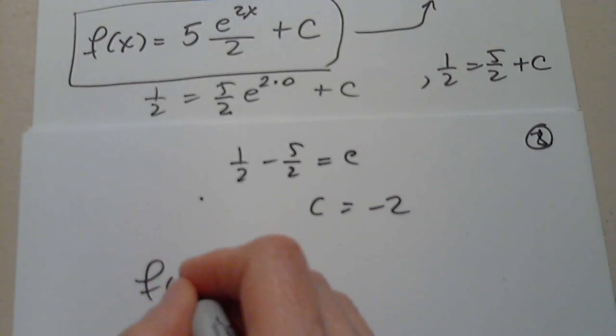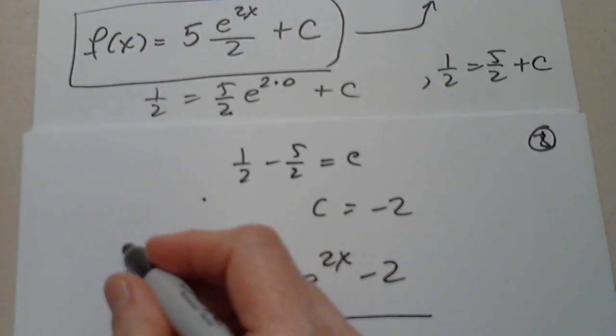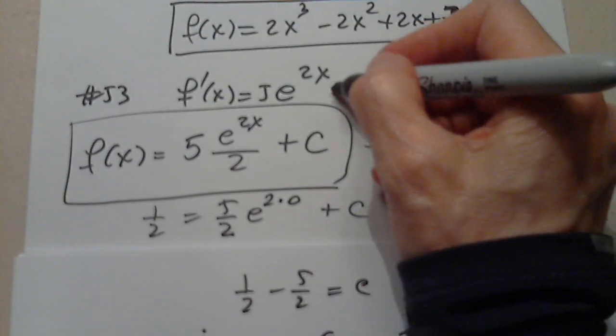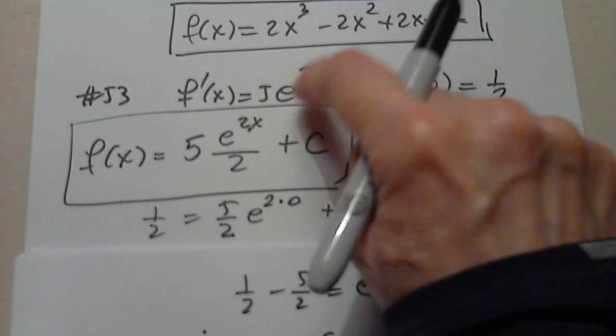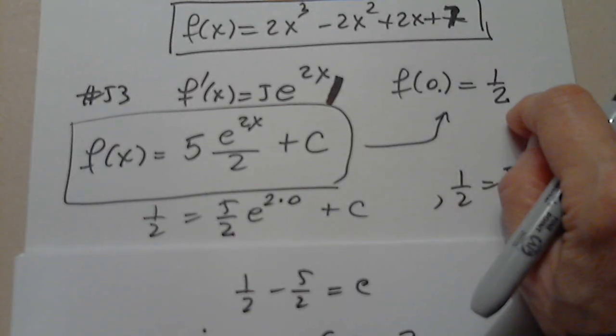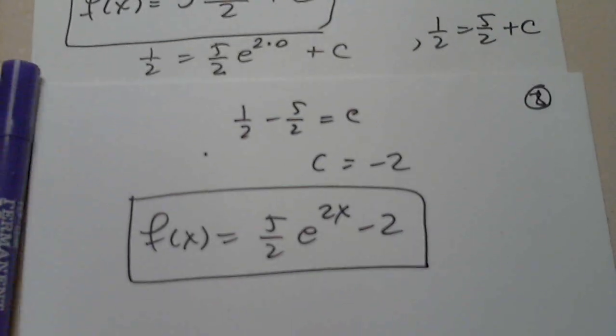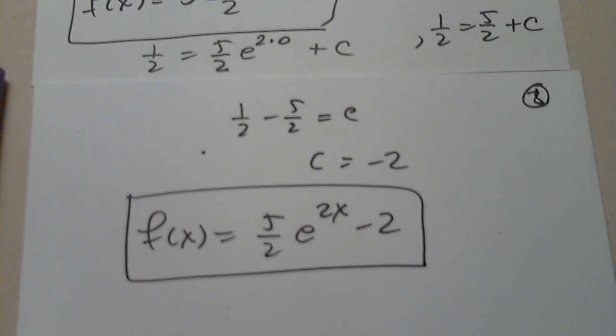So then the unique function whose derivative is this and also passes through the point (0, 1/2) is the only one. Which one? This one. Good. Moving on.